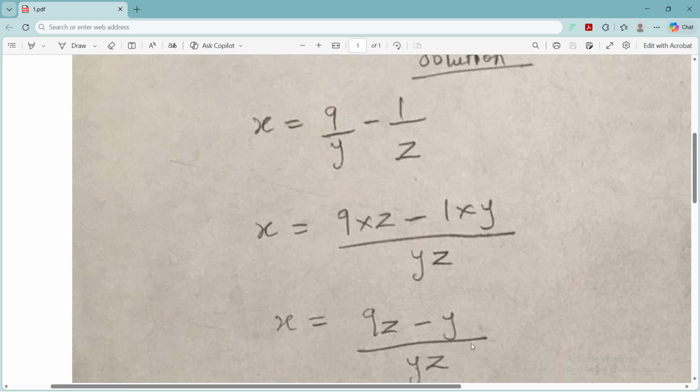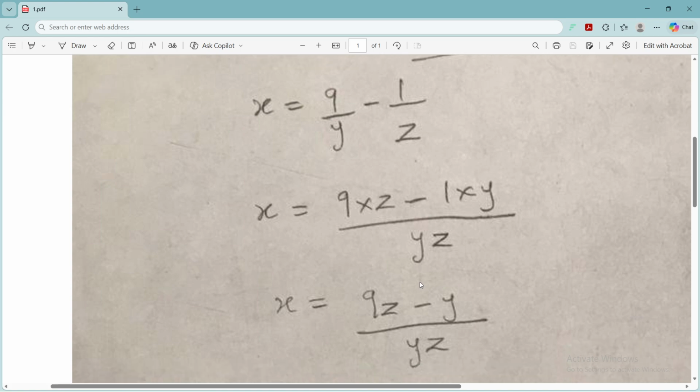And we already have our denominator as y multiplying z. So our new equation is s equals the fraction 9z minus y divided by yz.